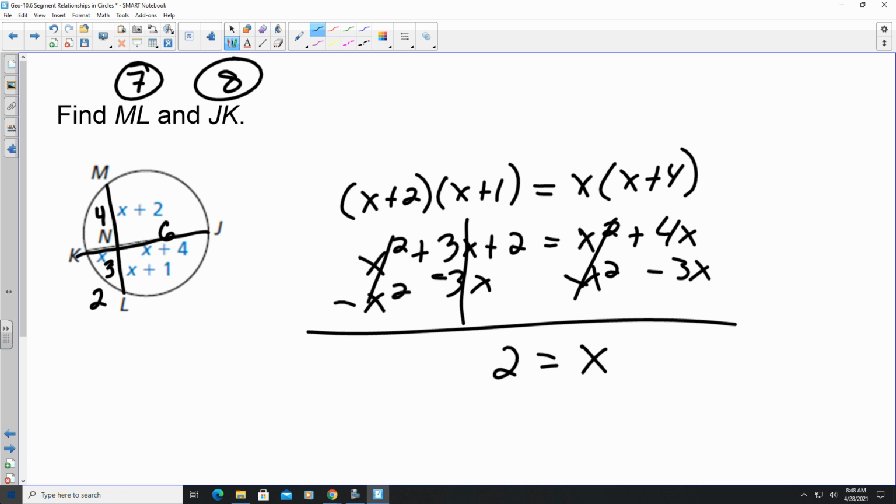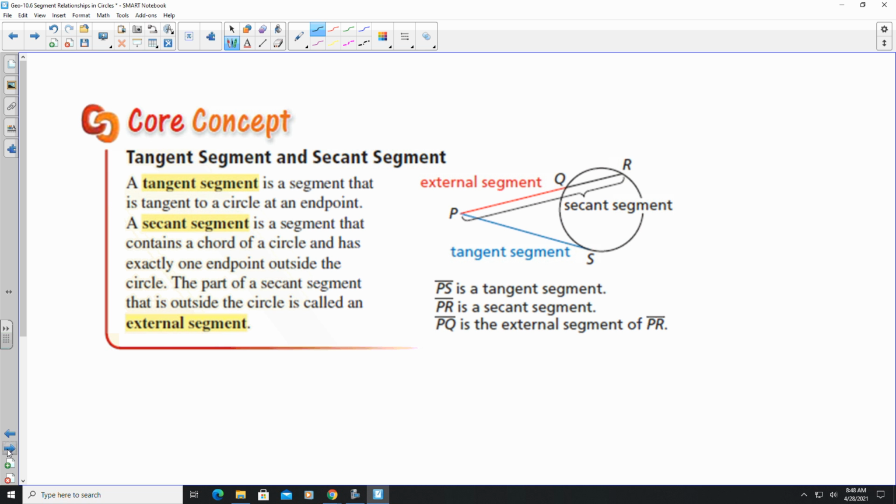Next, we have a concept where we're looking at when your intersection is on the outside. There's a big difference in finding the value of either a tangent segment or what they call a secant.